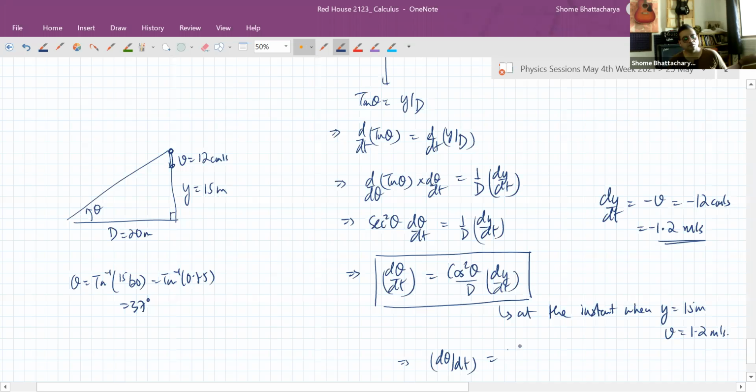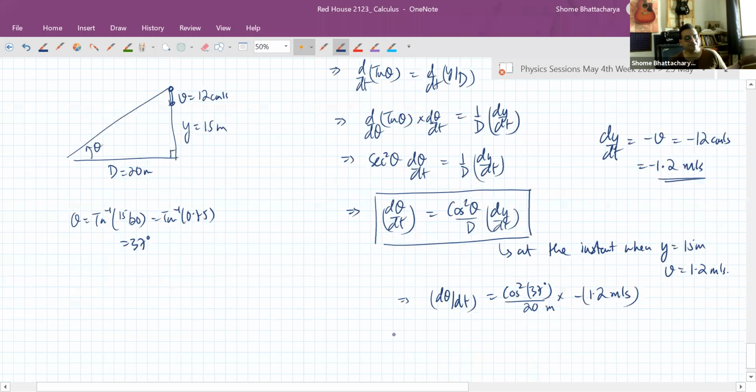becomes cos square 37 degrees divided by 20 meters into minus of 1.2 meters per second. So as you can see, unit wise meter will cancel, so we'll get in per second. So that is basically d theta by dt in radians per second. So this is 0.8 square by 20 into 1.2.